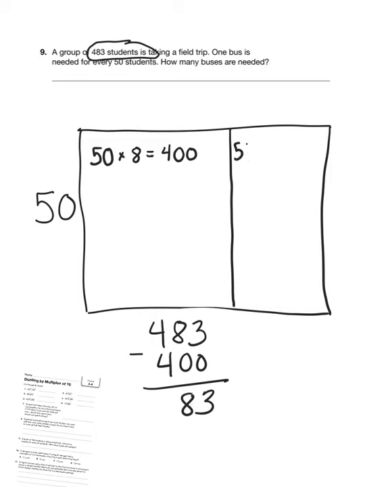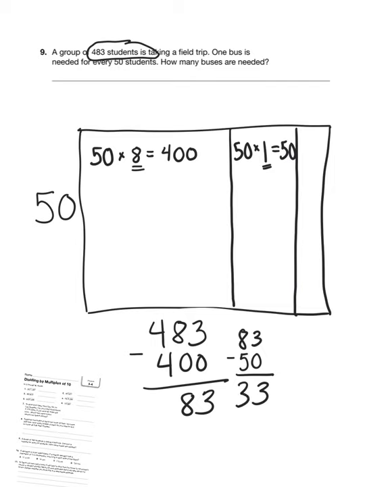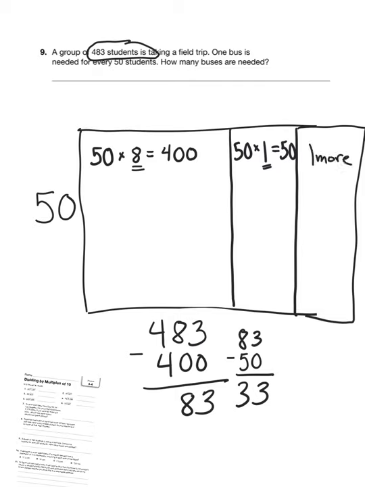So let's get 50 students on another bus. Okay, so we've loaded another 50 students onto a bus. That leaves us with 33 more kids standing around wondering if they're going to get to go on this field trip. So don't be like your 5th grade friends who just leave their classmates behind. Instead, we need to get one more bus for those remaining 33 kids.